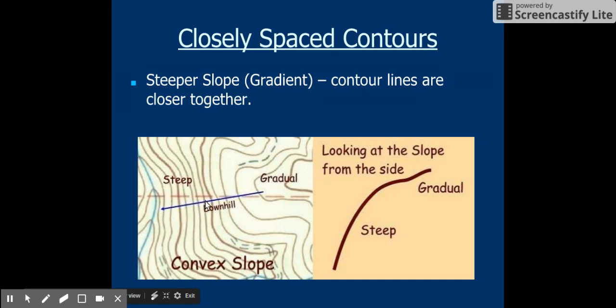You see these lines are really close together, but over here there's more space between each of the contour lines. It's gradual on this side and steep on this side. This is what it looks like from the side. Gradual is almost flat. Steep is like it's losing elevation very quickly.